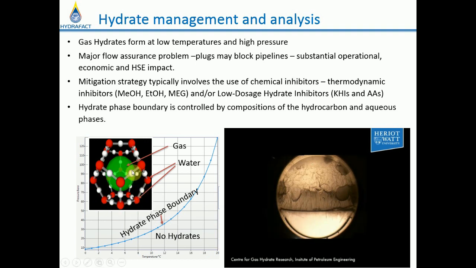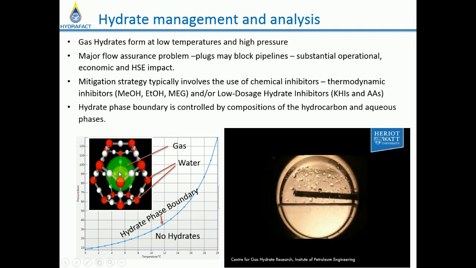Hydrates prefer large and round molecules because the presence of large and round molecules minimizes the distance between the guest molecule and the host molecules, and that increases the attraction force. Therefore, for example, if we have isobutane, hydrate can form easily because these are large molecules compared to, for example, methane and nitrogen.